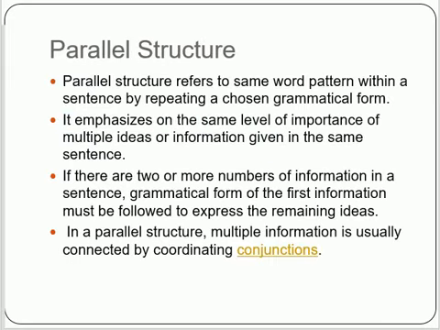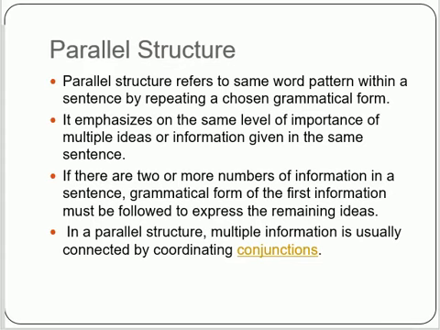What is parallel structure? Parallel structure is basically the construction of same word pattern within a sentence by repeating a chosen grammatical form. It emphasizes the same level of importance of multiple ideas and information given in the same sentence.